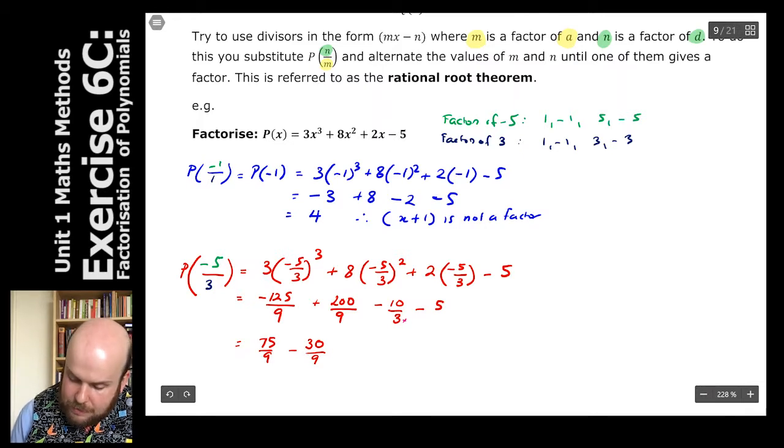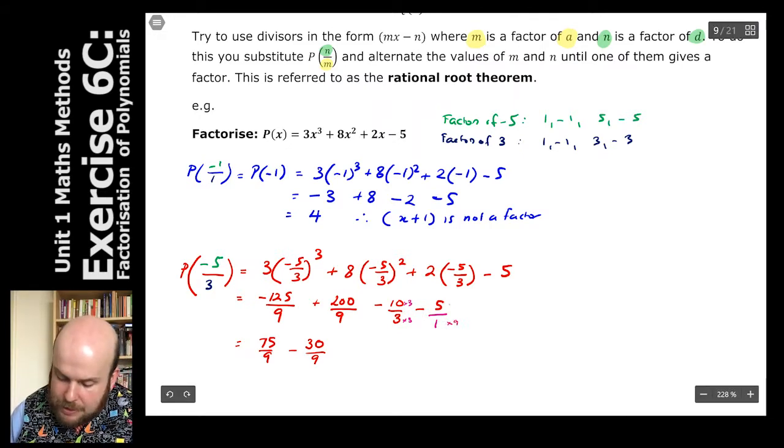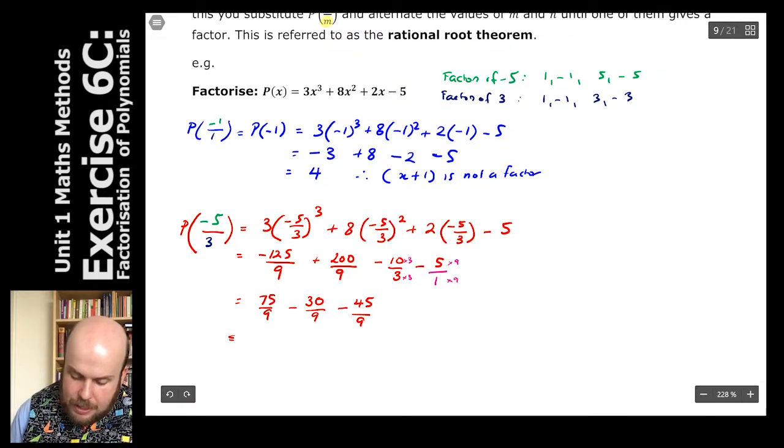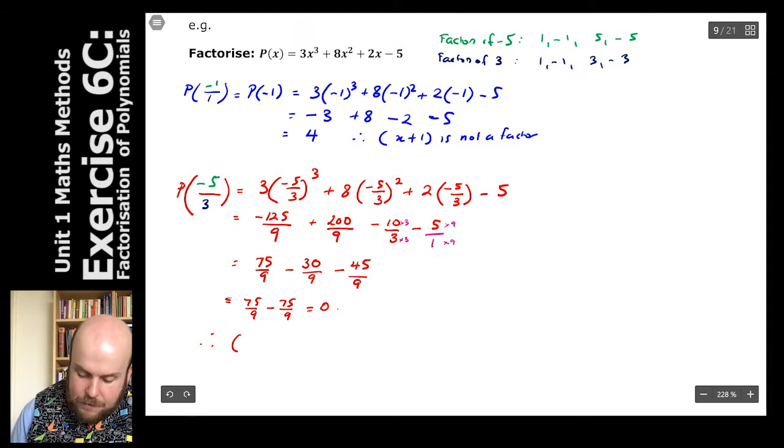All I've done there is times that by 3 to get the same denominator of 9. Negative 5 is the same as saying negative 5 over 1, so I would need to times this by 9, and that's going to be minus 45 over 9. And blow me down, 75 over 9 minus 75 over 9 gets us 0. So therefore, x plus 5 over 3 is a factor.